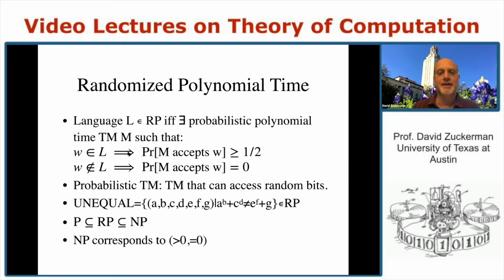So for example, if language L was SAT, if we just picked a random assignment, if it's satisfiable, with probability greater than 0 this will be a satisfying assignment. But if it's unsatisfiable, it will be a satisfying assignment with probability equal to 0. Okay, so it's very related to NP.